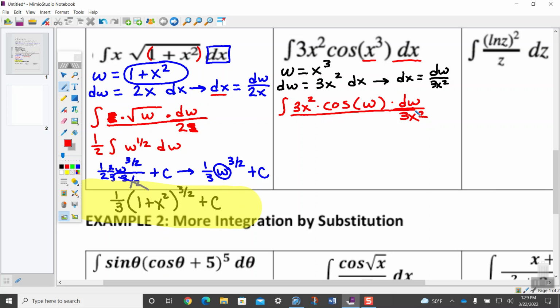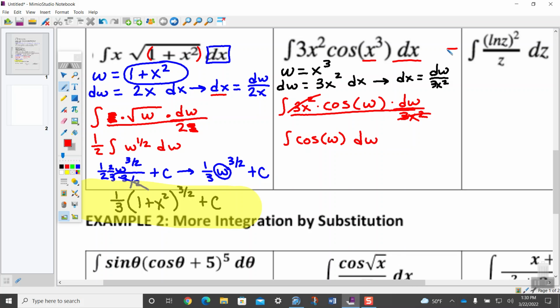Anybody see anything? The 3x squareds are going to go away, aren't they? This is gone. And that's a really good thing now, because instead of having an antiderivative with respect to x, we simply have an antiderivative with respect to what? w. So do you guys agree that we're now down to the antiderivative of cosine of w dw?